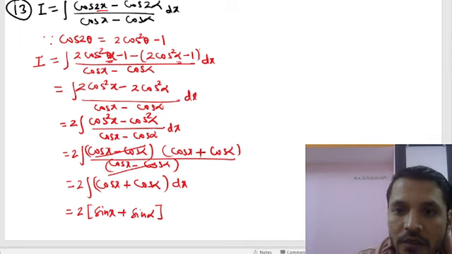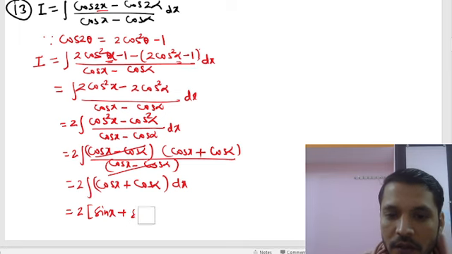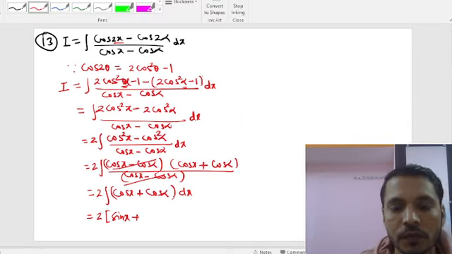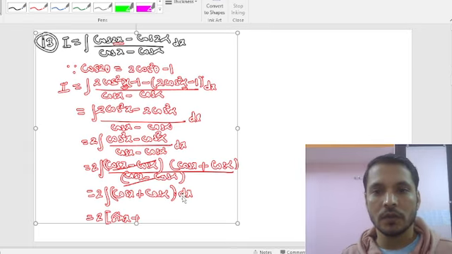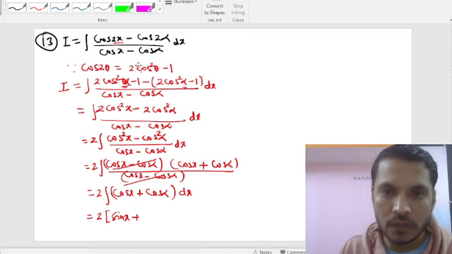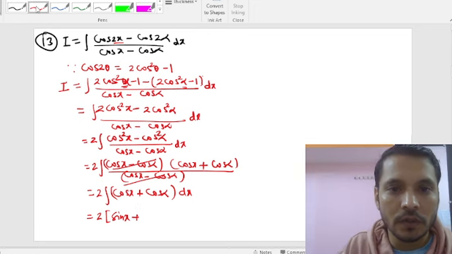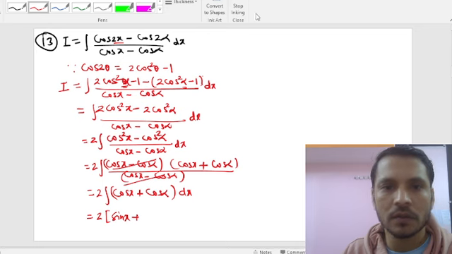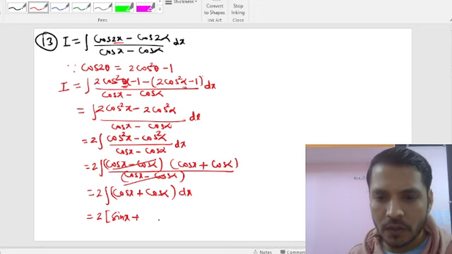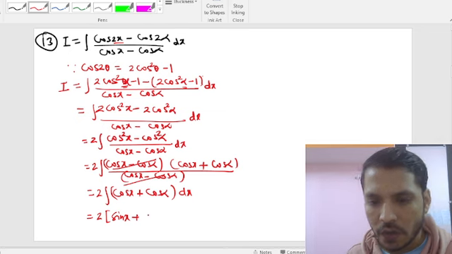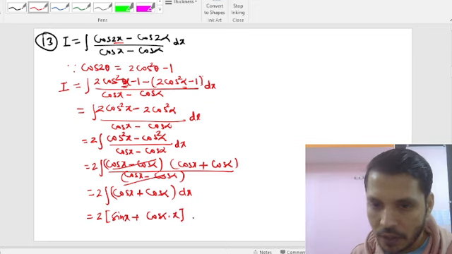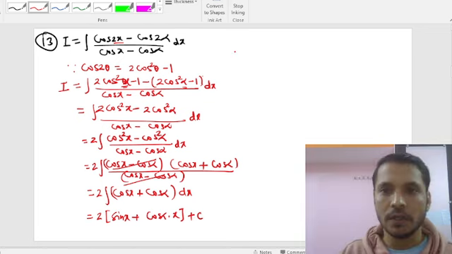So here the 2 will be constant, and cos alpha will come as a constant, but the integration of dx will be x, and here plus c. So this is the answer.